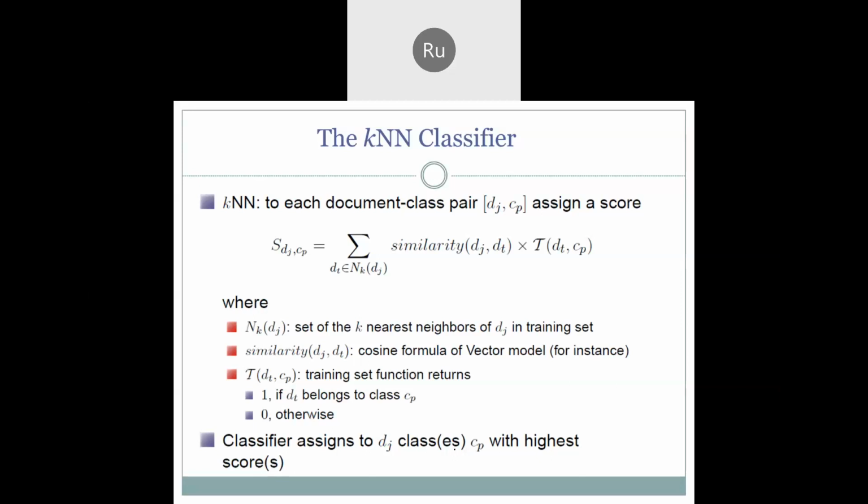Basically, what we want to do is find or compute the similarity between the new document here and the documents that belong to the K nearest that we have.